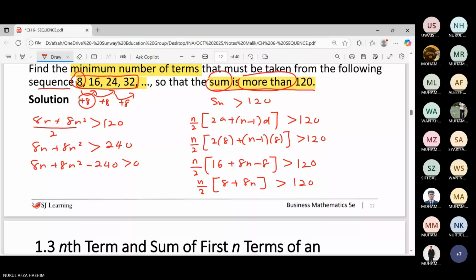Right? Factorize this one. How do you factorize this one?